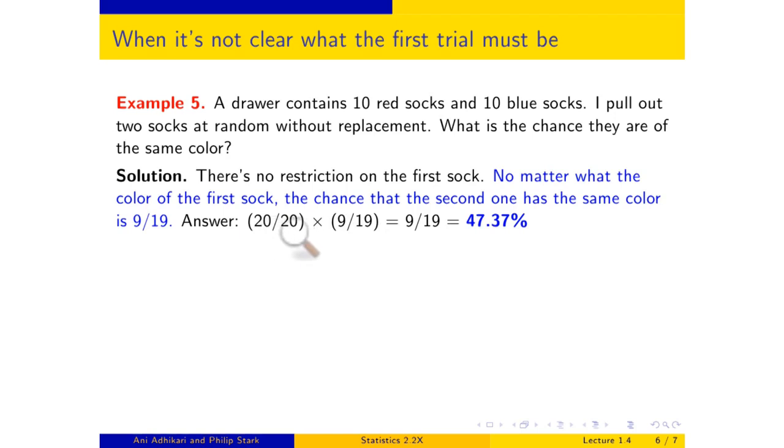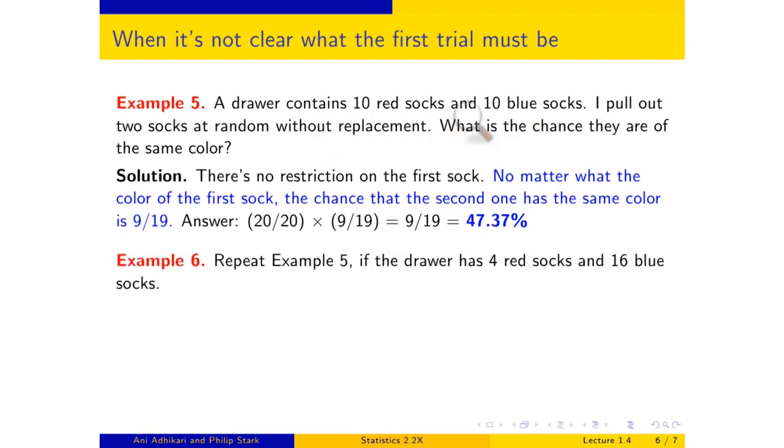And so overall, my probability is 1 times 9 in 19, that's 9 in 19, that's just under 50%. And so even though you couldn't say, well, the first sock has to be this color or that color, because of the balance in your drawer, you were able to just go ahead and solve the problem and finish it. And I know you're thinking, yeah, but what if it wasn't balanced? Well, that's the next thing we're going to do.